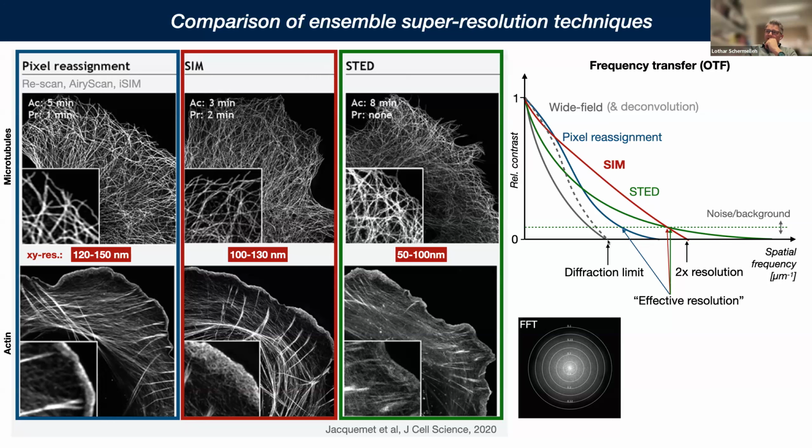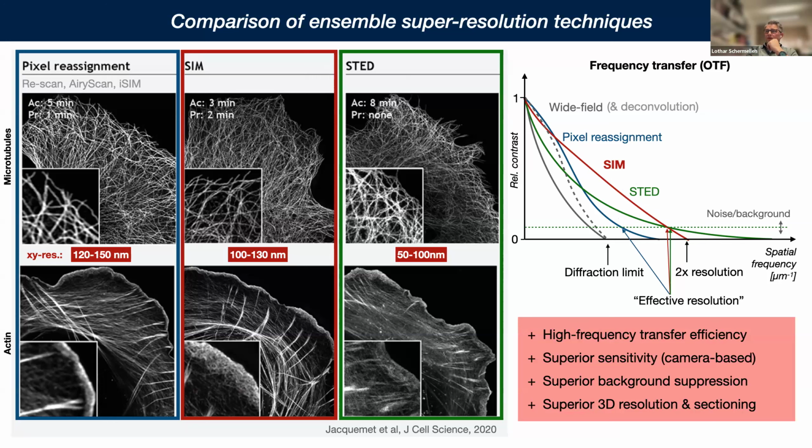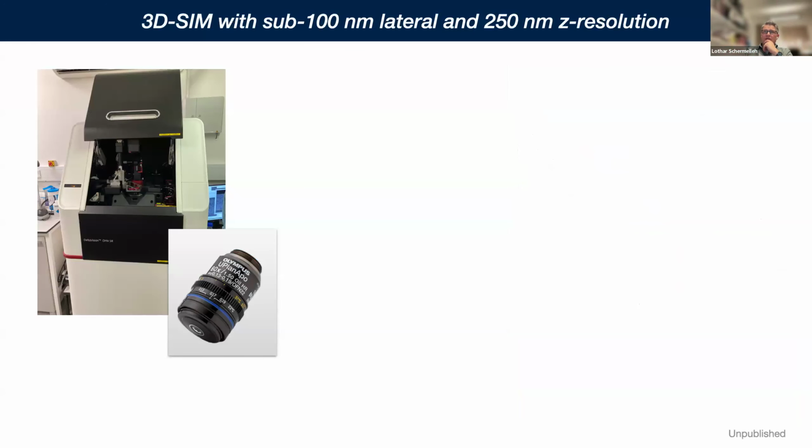It's particularly the area between the classical diffraction limit and the twofold resolution limit that SIM can achieve where you get very high efficiency of information transfer. That makes it really good for studying the nucleus, because the nucleus is a notoriously dense and crowded environment, and it's therefore very challenging for advanced imaging.